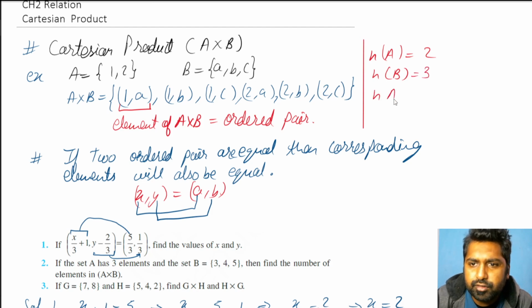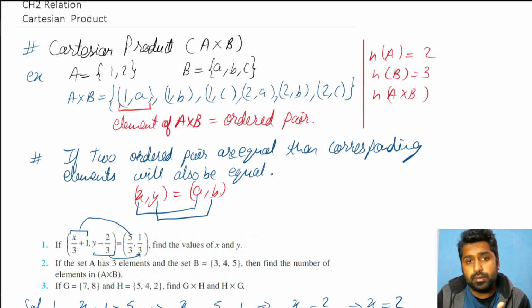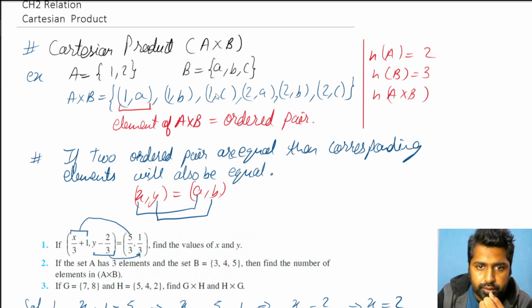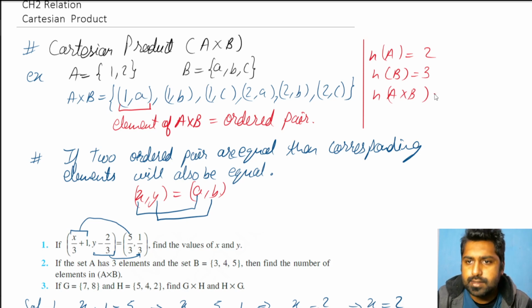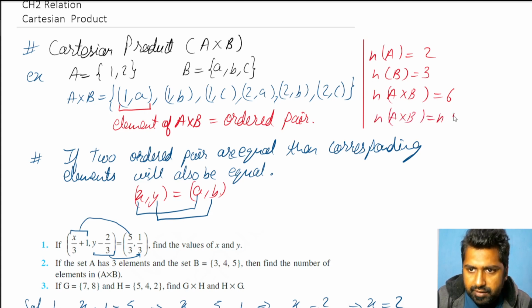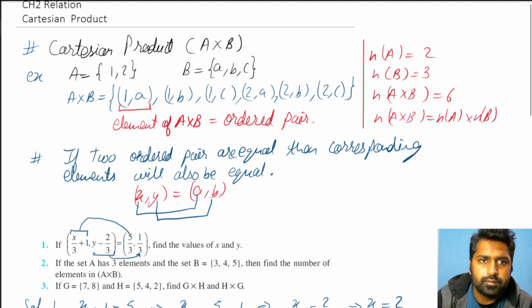If we talk about the number of elements of A cross B, I told you that (1, a) itself is one element. So 1, 2, 3, 4, 5, 6. You can easily judge what the relation is here: the number of elements of A cross B is equal to the number of elements of A multiplied by the number of elements of B.